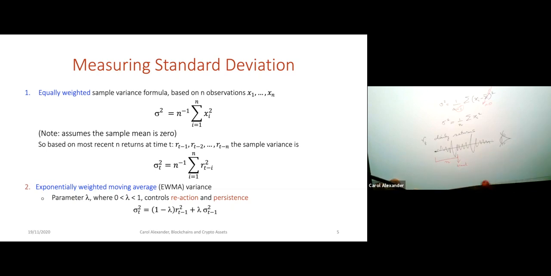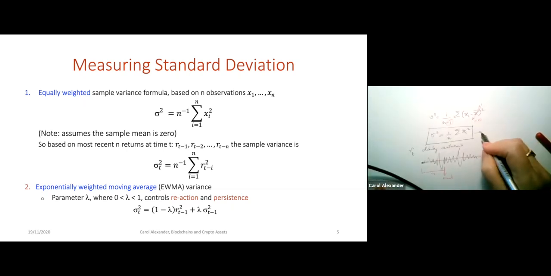Then we use this formula, sigma t squared, very similar to that, only we make sigma t squared equal to 1 over n times the sum of our returns from yesterday.